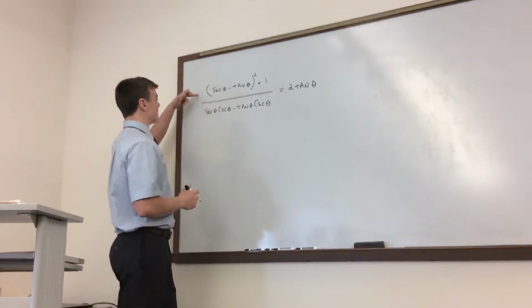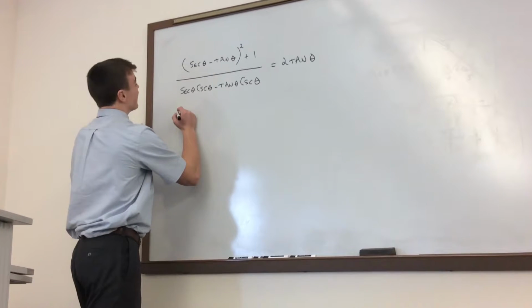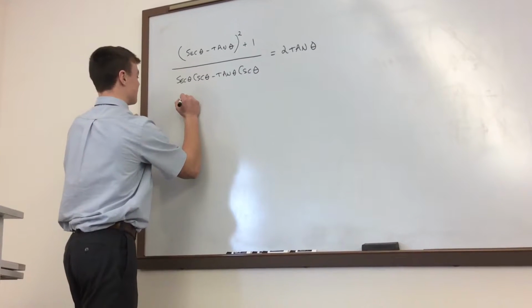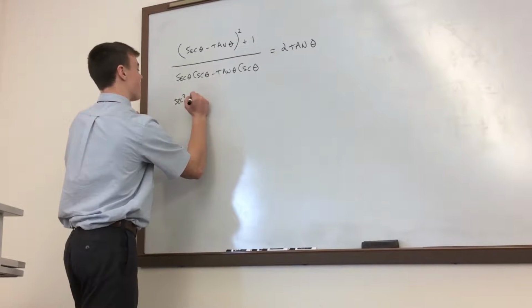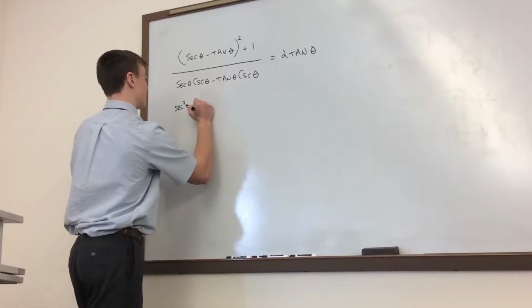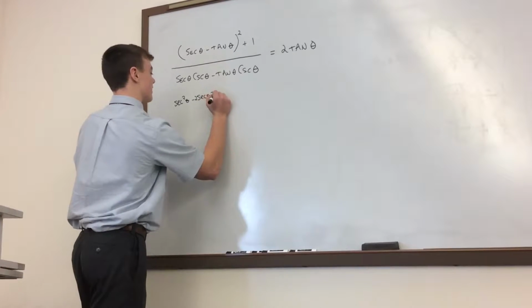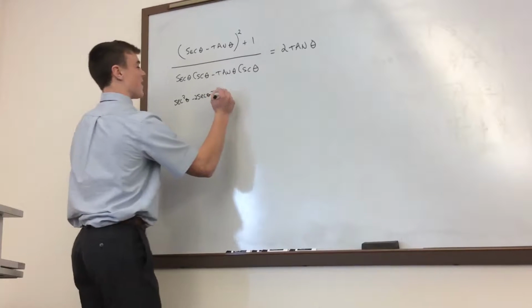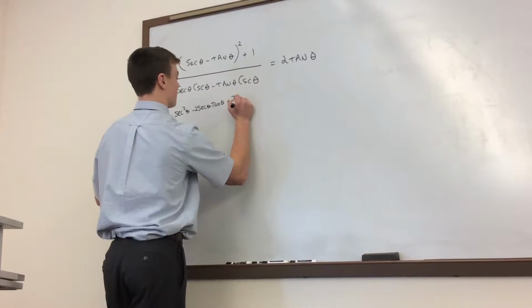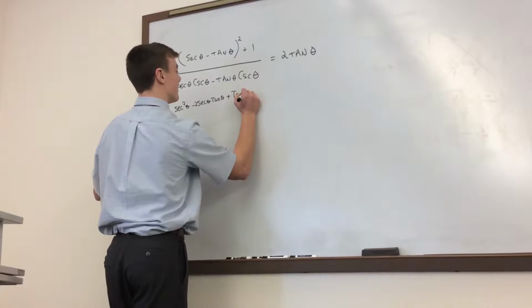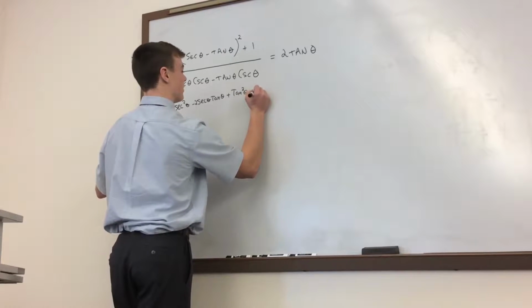So first thing we're going to do is square the binomial. That's going to be secant squared theta minus 2 secant theta tan theta, and then plus tan squared theta plus 1.